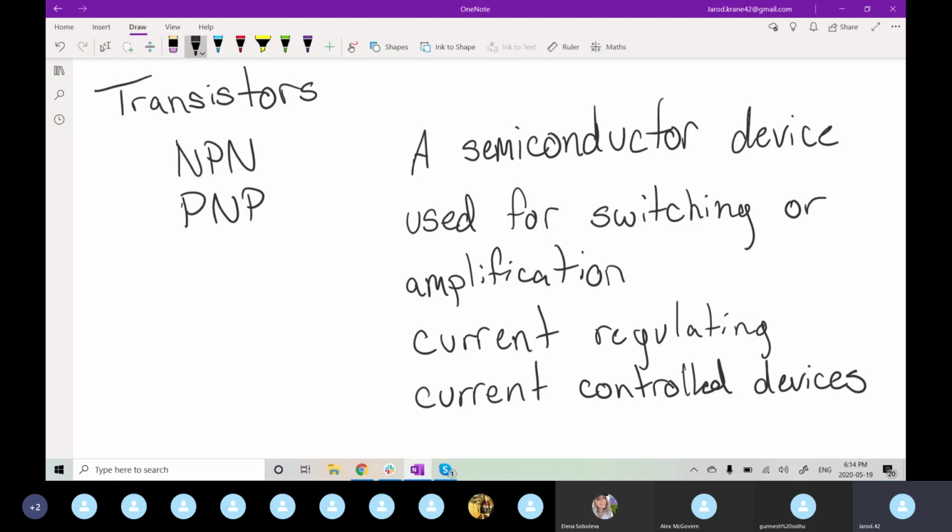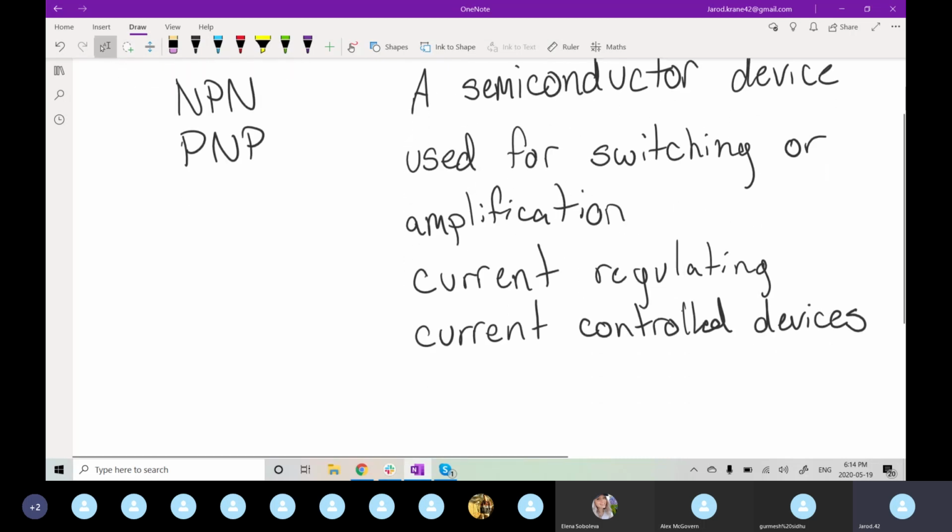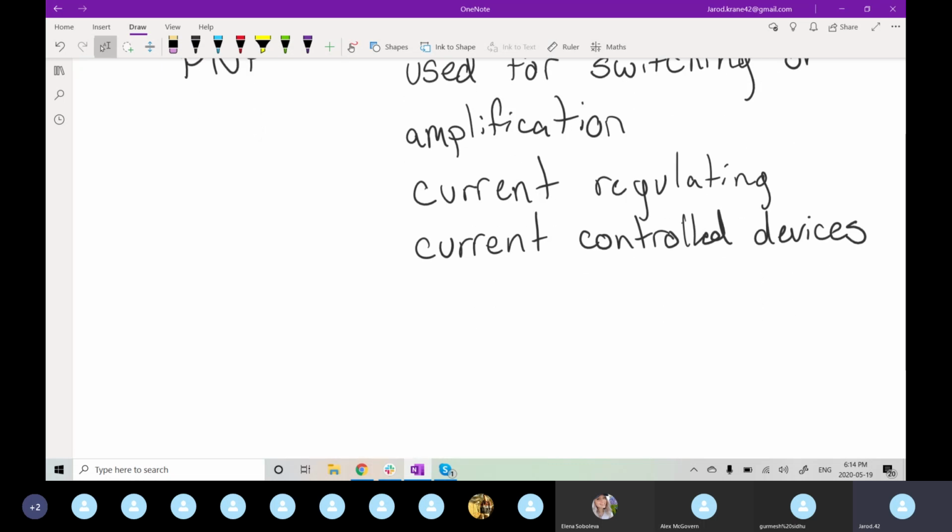This sums up for both NPN, PNP. They both follow the same kind of definition. It's just that their behavior between the two will act differently.